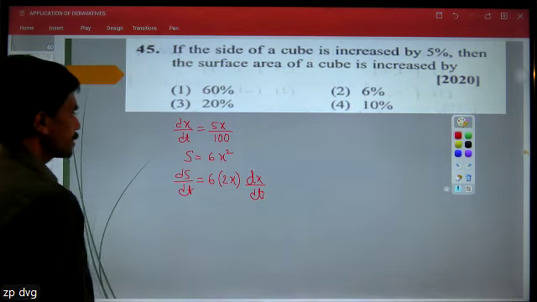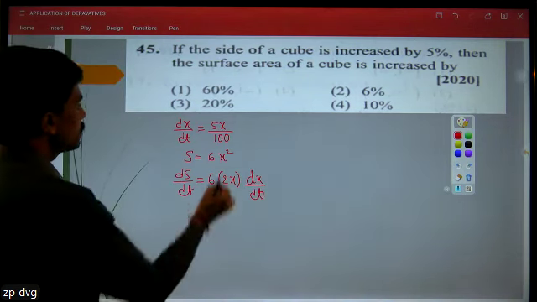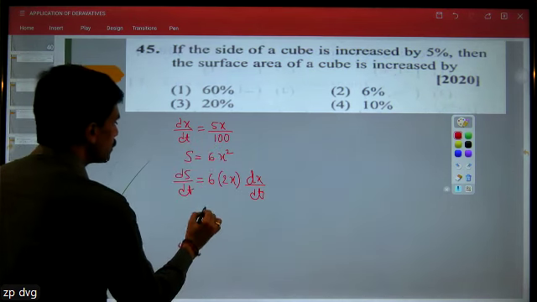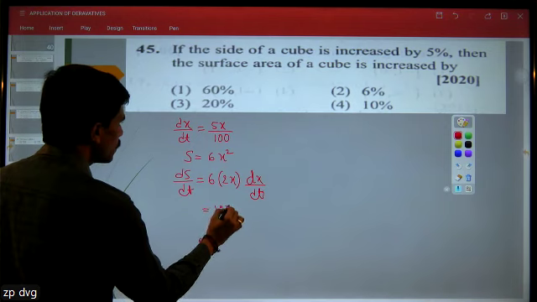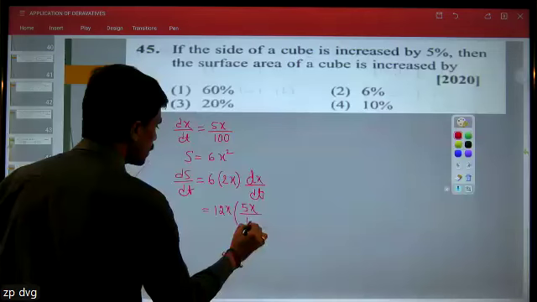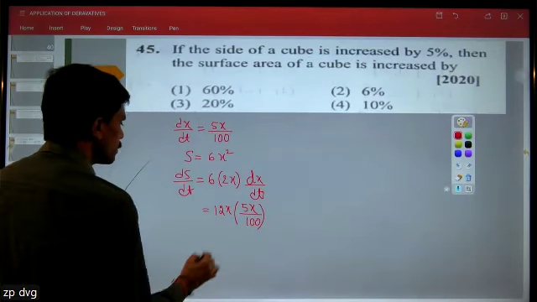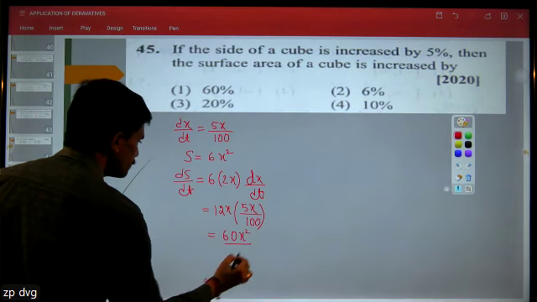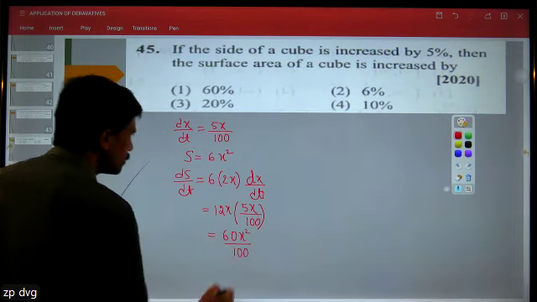Okay. So next, they given dx by dt is equal to 5x by 100. If we substitute here, we get 12x into 5x by 100. Okay. So 12 5s are 60, 60x square by 100 we get.